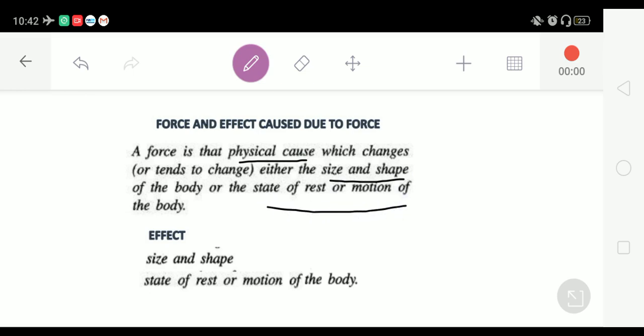Force causes two basic effects which are stated below. What are these effects? First, the size of an object is changed, and second, the state of rest or motion of the body.